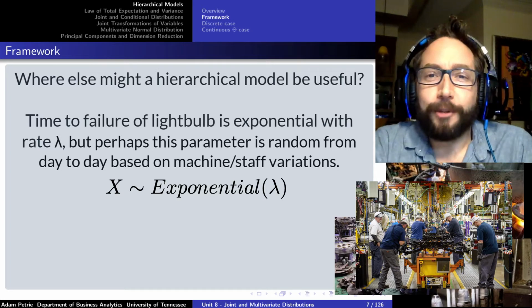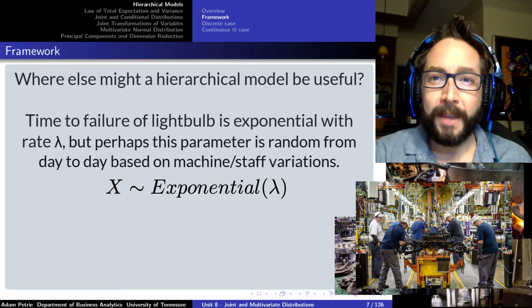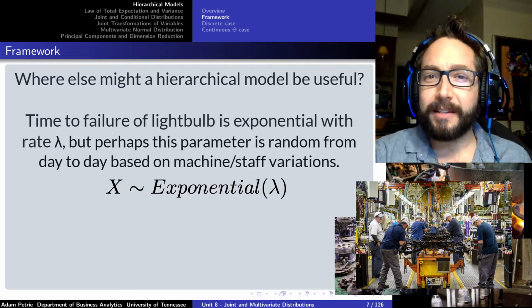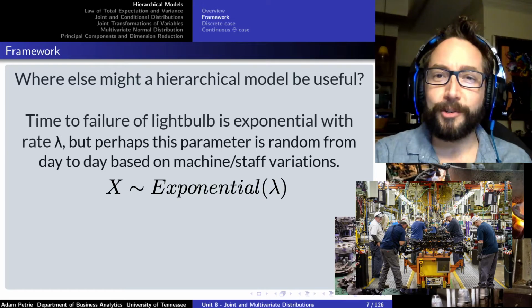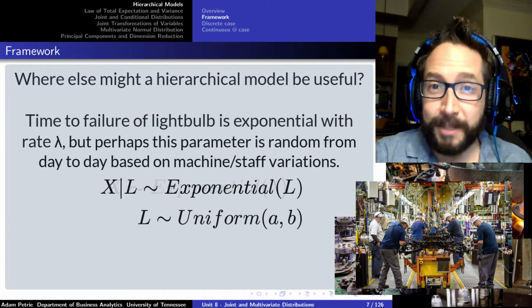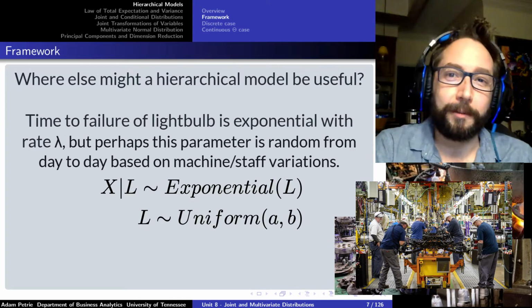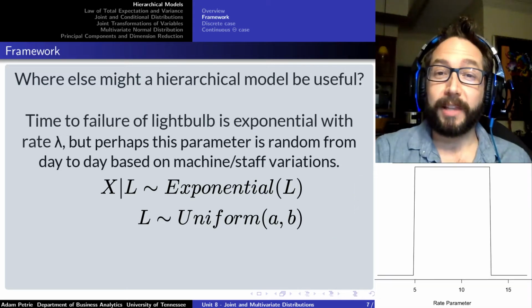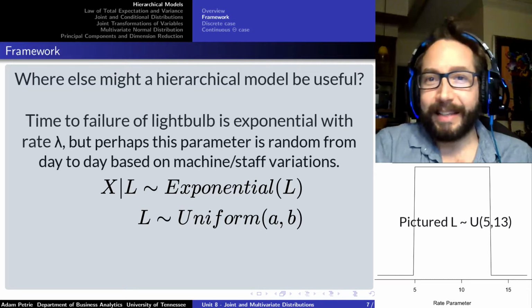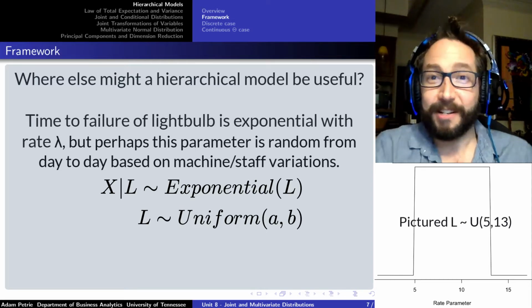The manufacturing process might be a little bit different as well. It very well may be the case that lambda, that rate of failure associated with the exponential distribution, is actually a bit random itself. Maybe some days it's 12.3, other days it's 9.5. We could add that extra layer of realism, capturing the fact that that lambda parameter isn't really a fixed quantity.